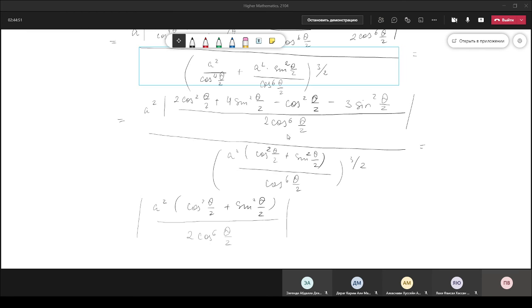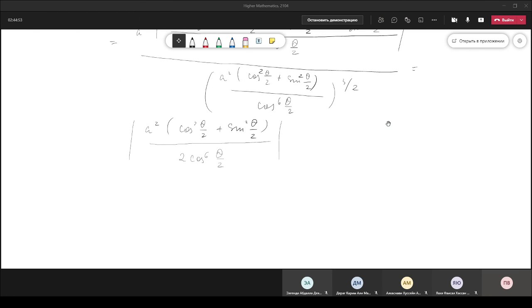Then divided by a squared and degree 3 over 2, which is just a cubed. Then cosine squared plus sine squared is 1.